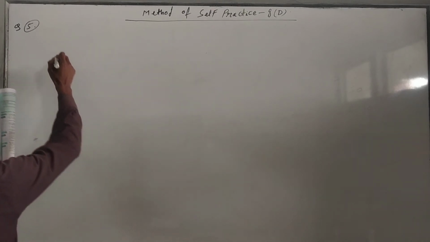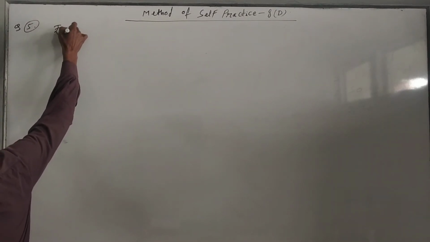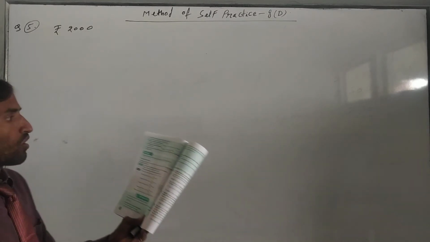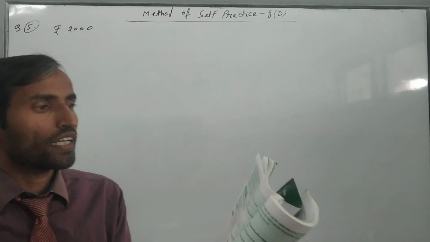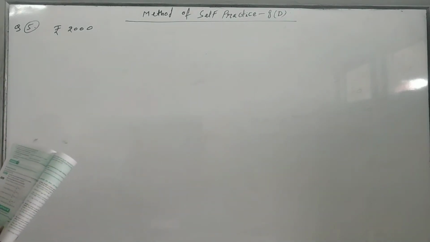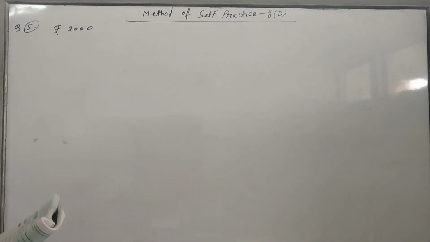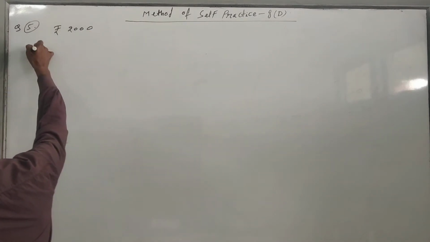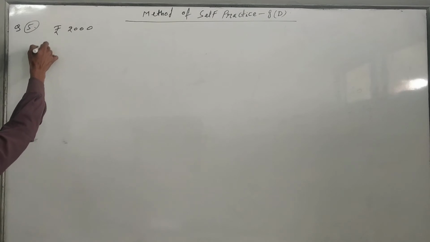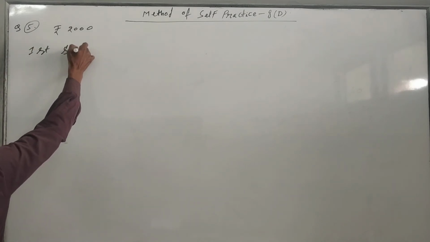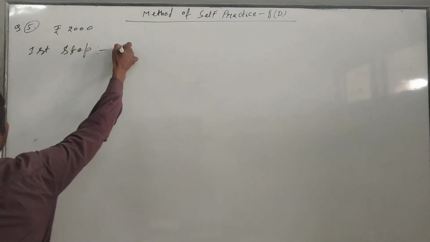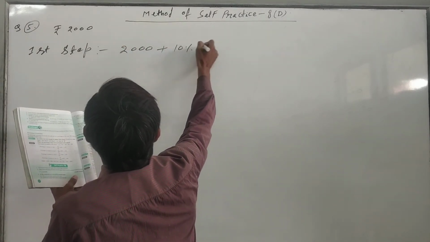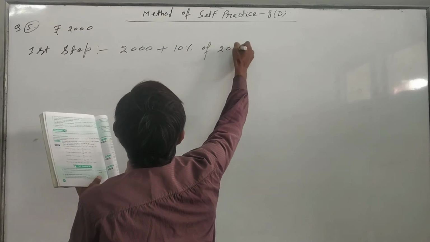The question is given: rupees 2000. Increase rupees 2000 by 10% and then decrease the new amount by 10%. First of all we will increase, first step. In the first step we have to increase: 2000 plus 10% of 2000.